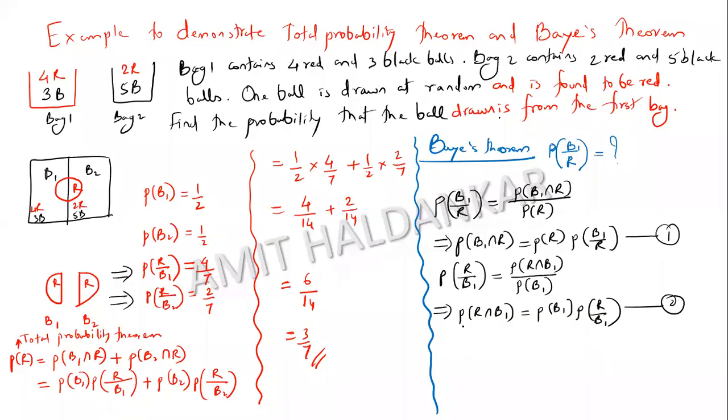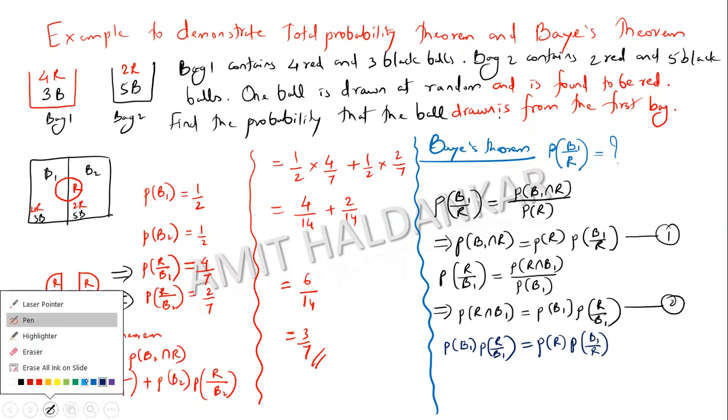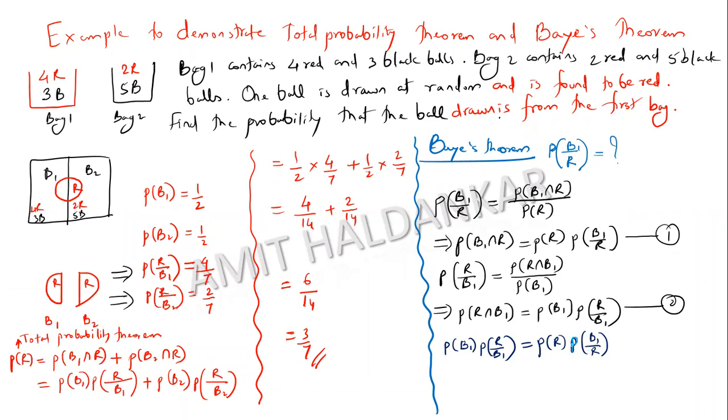So when we equate these two, what we get is probability of B1 into probability of R upon B1 is equal to P of R into P of B1 upon R. So what will I get from this? If I rearrange this, I want the value of P of B1 upon R. So P of B1 upon R is here.